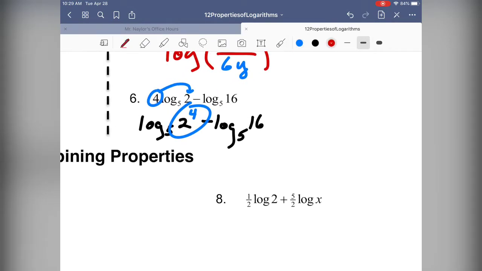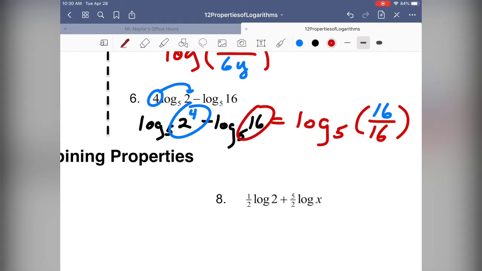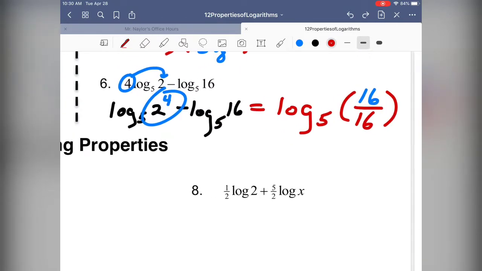We also have a subtraction sign, so we're going to be able to write this as 1 log of 1 fraction. Whenever you see subtraction, you make a fraction. Now, that blue 2 to the 4th, that's equal to 16. The black 16 here, that's going to be the one that we divide. Interesting, we actually are dividing two numbers that are the same.